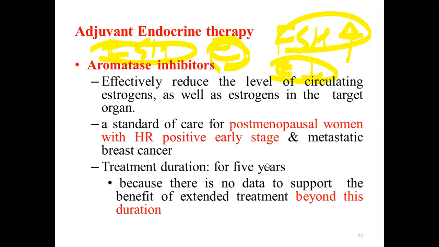It will just increase estrogen levels. Exactly. The moment you inhibit the aromatase enzyme, the ovary produces more aromatase to increase the estrogen level. Because of that counter effect, aromatase enzyme inhibitors are no longer effective in the premenopausal woman.